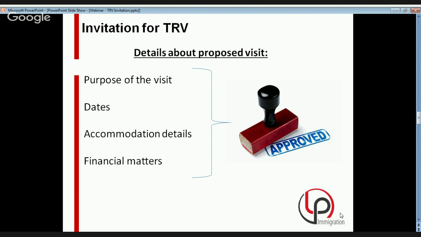Usually, an inviting party welcomes a guest to stay at his or her home. It is obvious, but once again, nonetheless, it has to be explained explicitly in the invitation letter. In most cases, a simple statement that a guest will be staying at the host's house is fully sufficient.